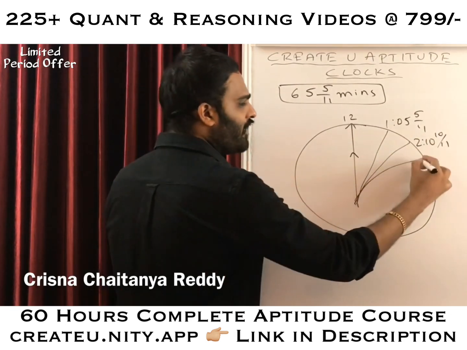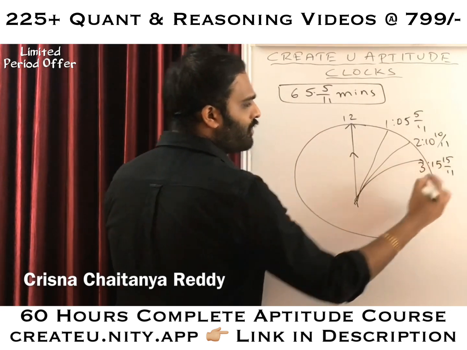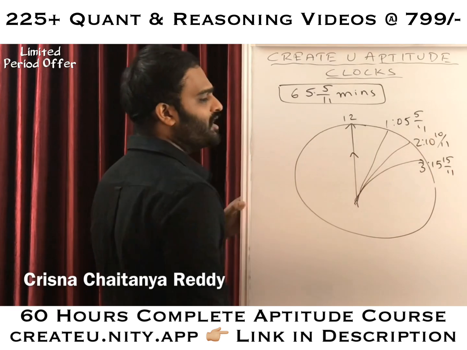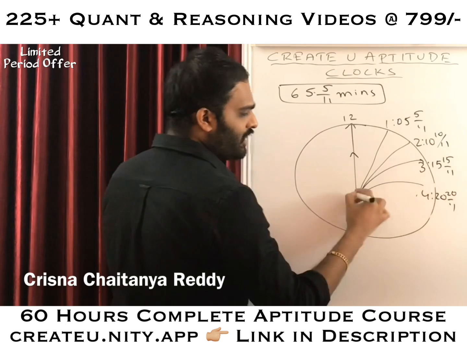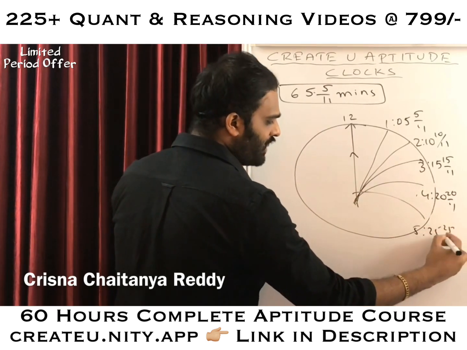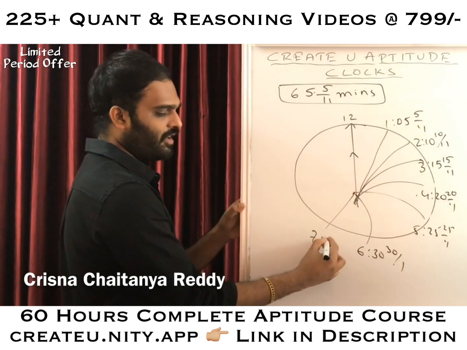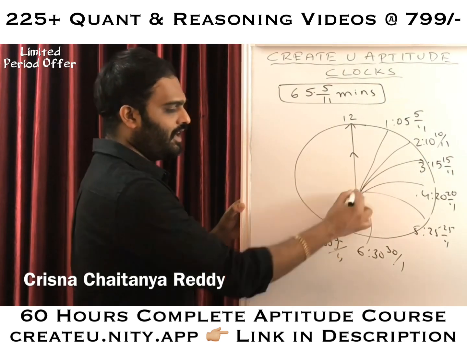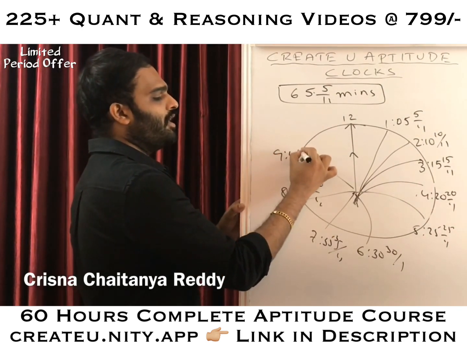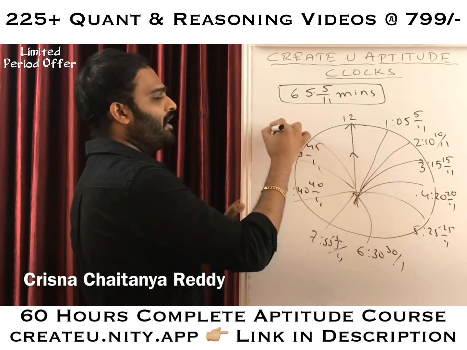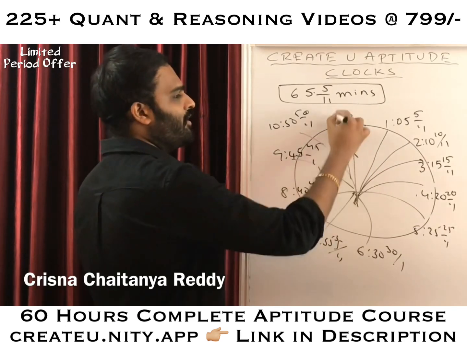Then again they will be meeting after 65 5/11, that is 3:15 15/11, because 65 5/11 addition will give me 3:15 15/11. Then they will be meeting at 4:20 20/11, then 5:25 25/11, then 6:30 30/11, then 7:35 35/11, then 8:40, 40/11, then 9:45, 45/11, then 10:50, 50/11, then comes 11:55, 55/11.